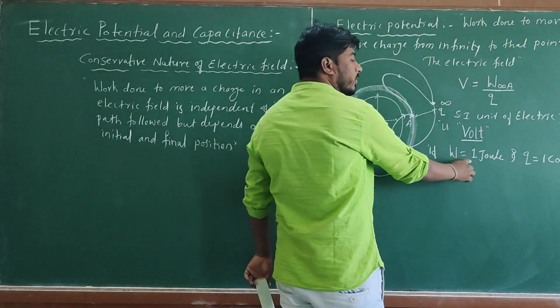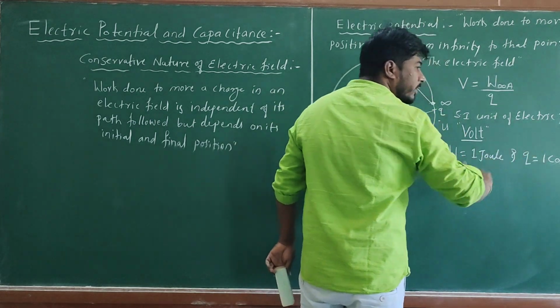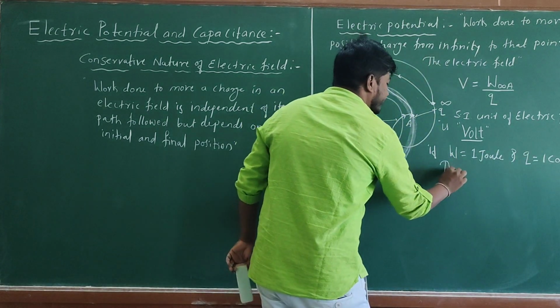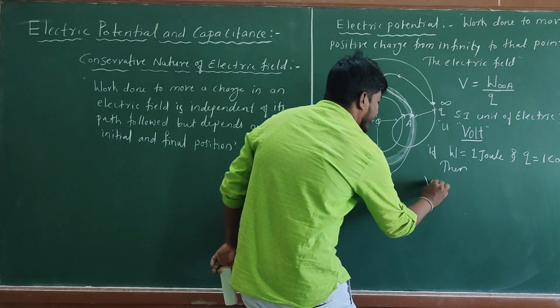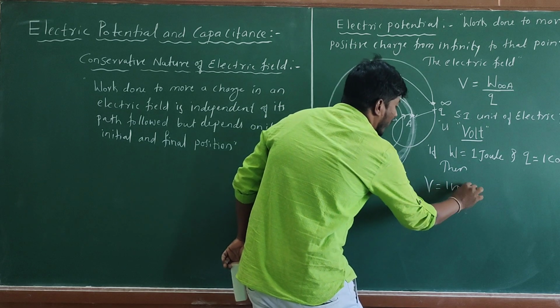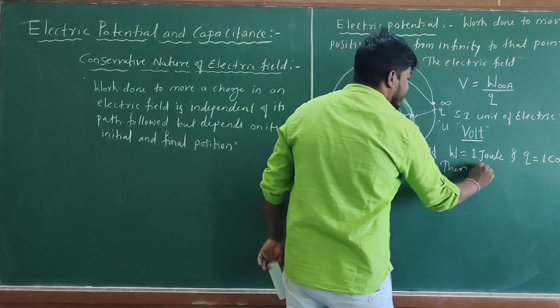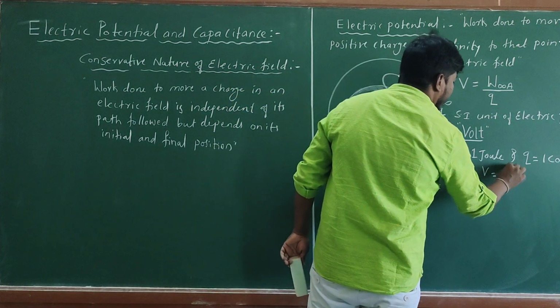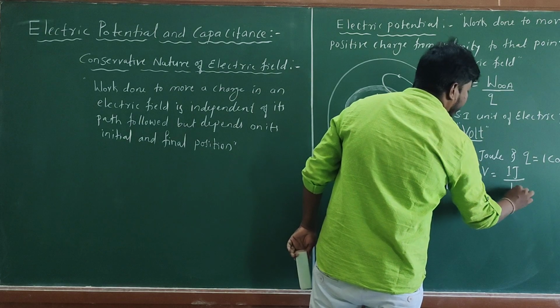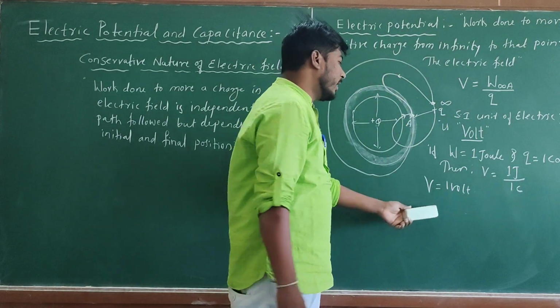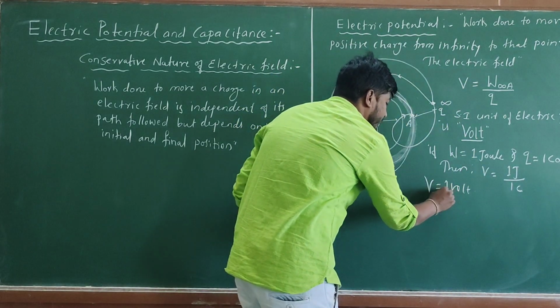If W is equal to 1 joule and Q is equal to 1 coulomb, then V is equal to 1 volt. That is, V is equal to 1 joule divided by 1 coulomb, which is equal to 1 volt.